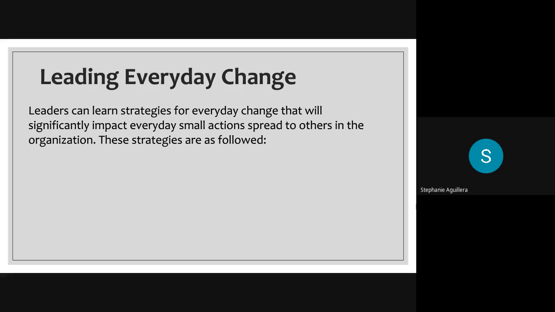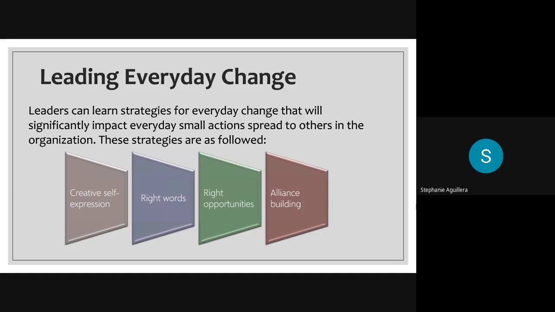Leading everyday change. Leaders can learn strategies for everyday change that will significantly impact the organization as small actions spread to others. These strategies are as follows. Create self-expression.